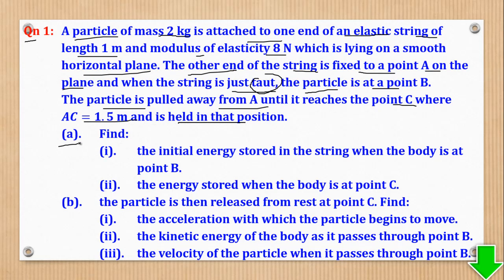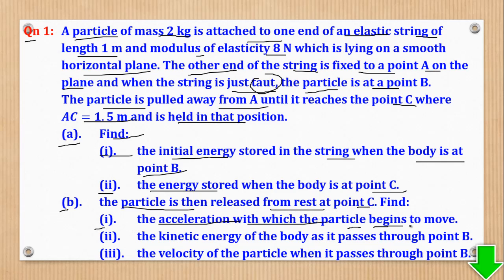Part A, find, Roman 1, the initial energy stored in the string when the body is at point B. Roman 2, the energy stored when the body is at point C. Part B, the particle is then released from rest at point C. Find, Roman 1, the acceleration with which the particle begins to move.